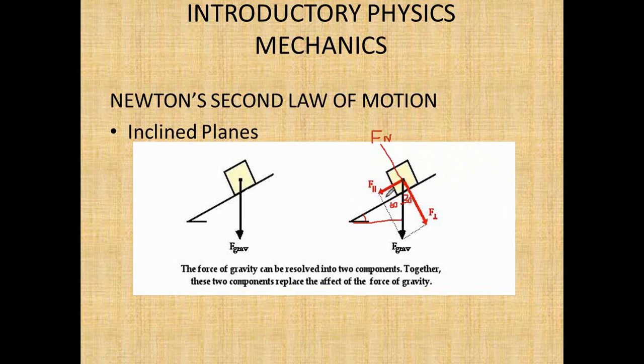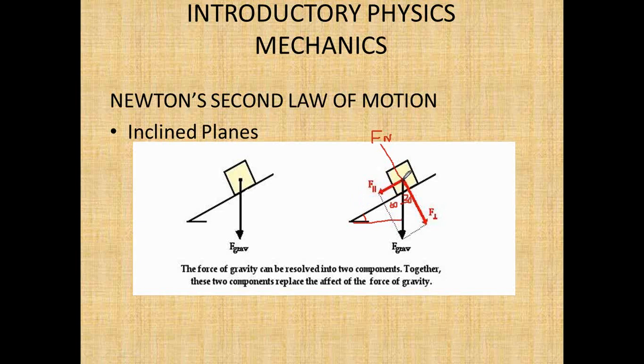Okay? So you can use trigonometry equations to calculate the parallel component of the force due to gravity. Remember, it's this parallel component which is going to pull the object downwards.